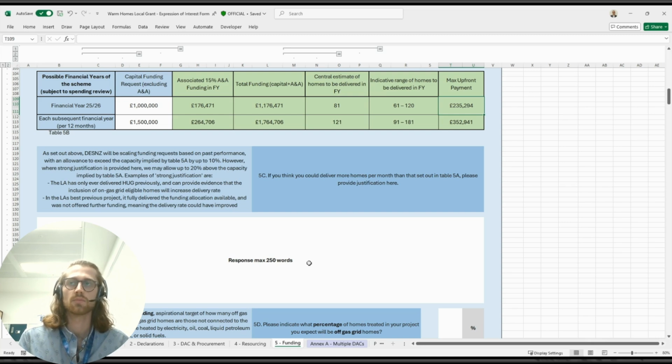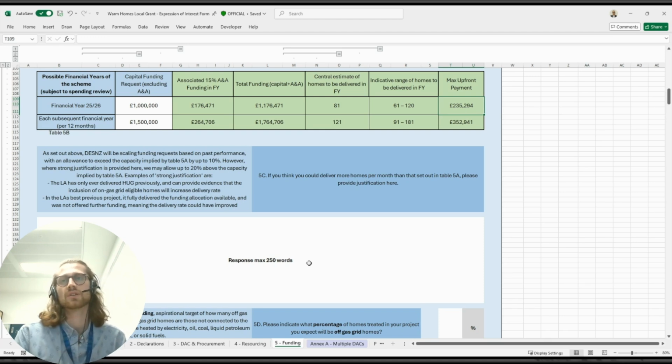So we will take into account the past performance when allocating funding, and we will take the best 6 months capacity and we'll scale that up by 10% to allow for increases in capacity. And where there is strong justification provided, we may allow up to 20% above the capacity implied by Table 5A.